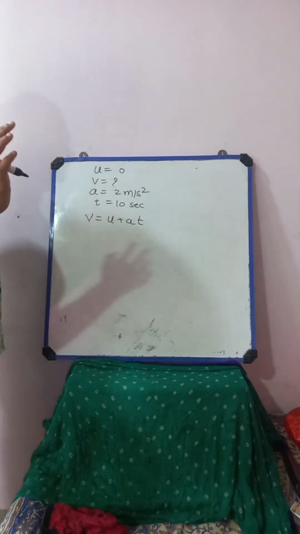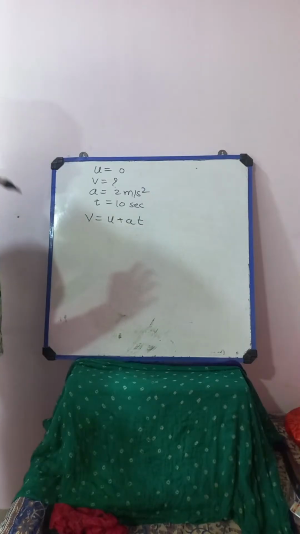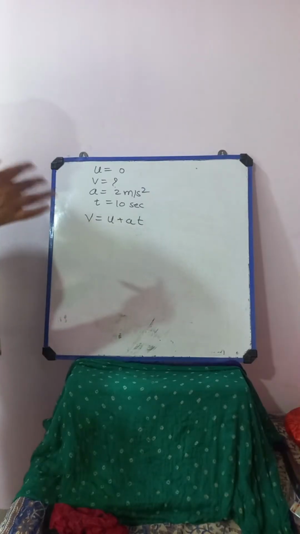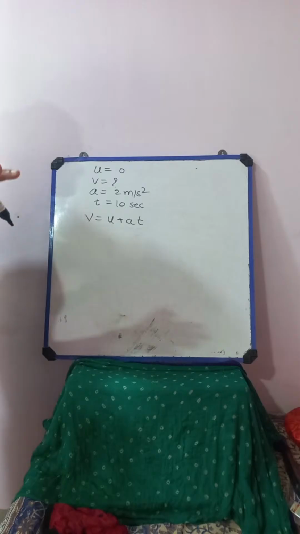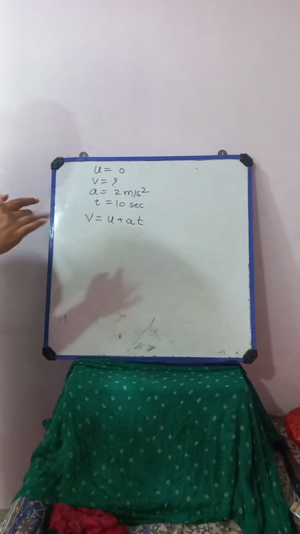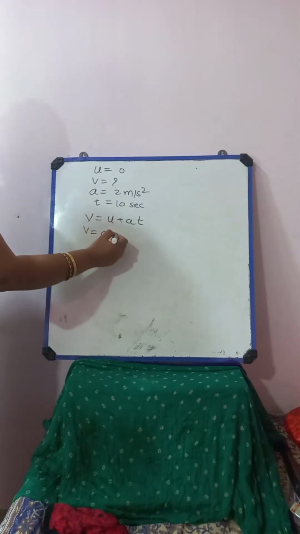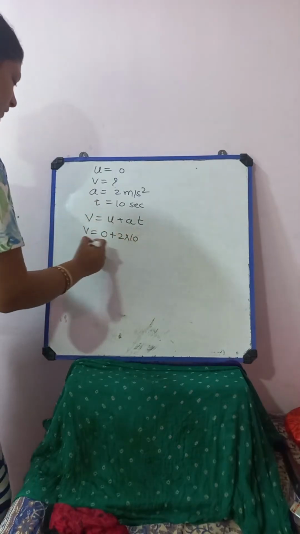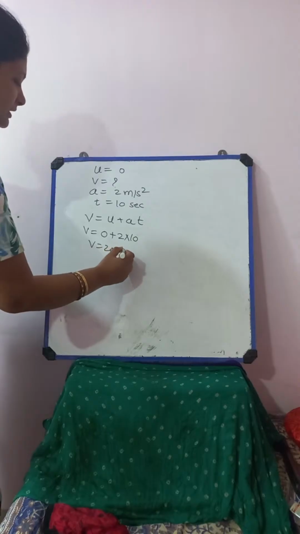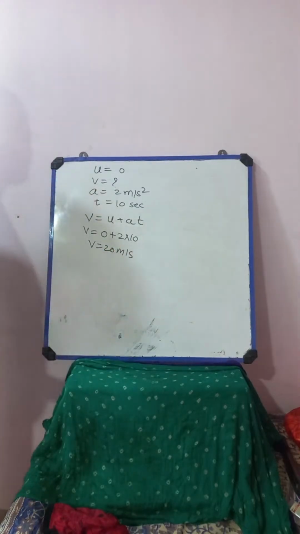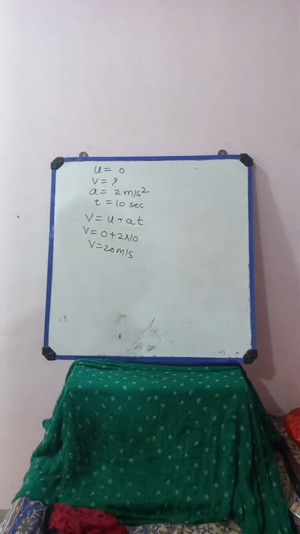Reading of the question is very important. They are saying the train starts from rest, that means its initial velocity is 0. So u is 0, a is 2, t is 10. So we have 20 meter per second. This is the final velocity. Copy this.